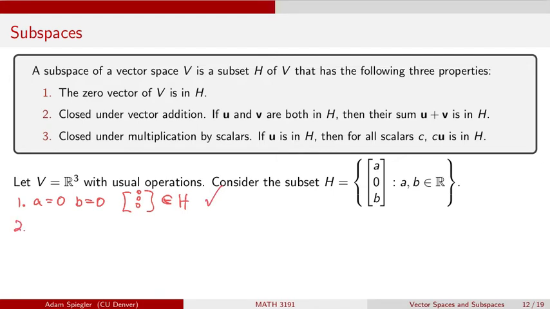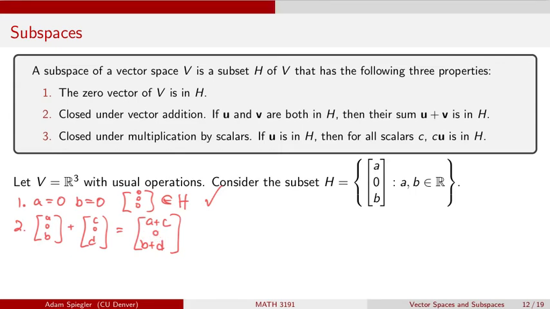Secondly, we want to check that if I take any two vectors in H, maybe one of them is (a, 0, b), and I add to that some other vector, we'll call this (c, 0, d), using regular vector addition, we add our vectors component-wise, and I wind up with a vector that has 0 as the second entry.